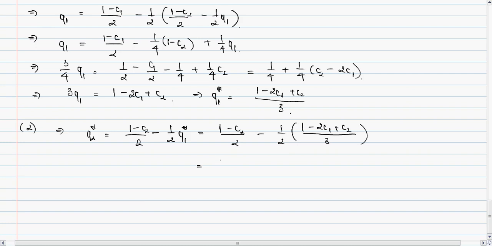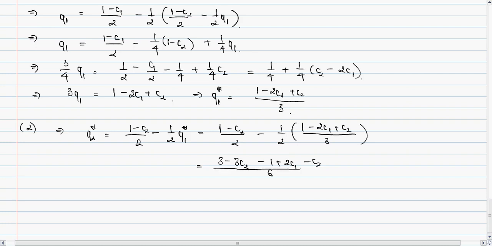So I'll make the common denominator 6. So I will get 3 minus 3C2 minus 1 plus 2C1 minus C2.